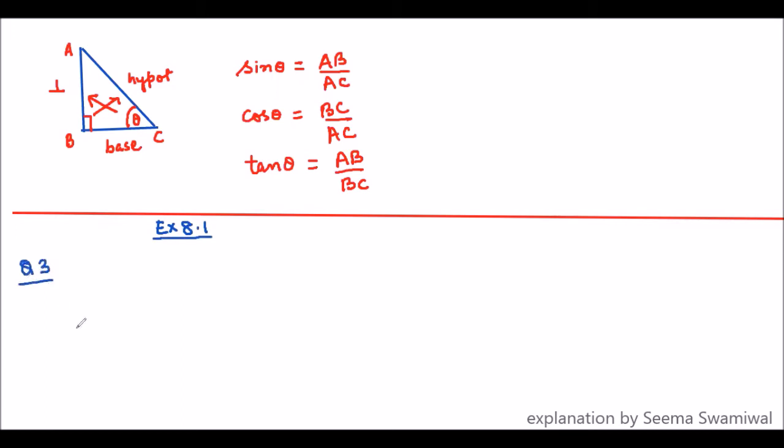In this question number 3, he is giving you sine A is equal to 3 by 4, and he wants us to calculate all trigonometric ratios. So if you want to do that, children, you will first make a triangle. So let's draw a right angle triangle.